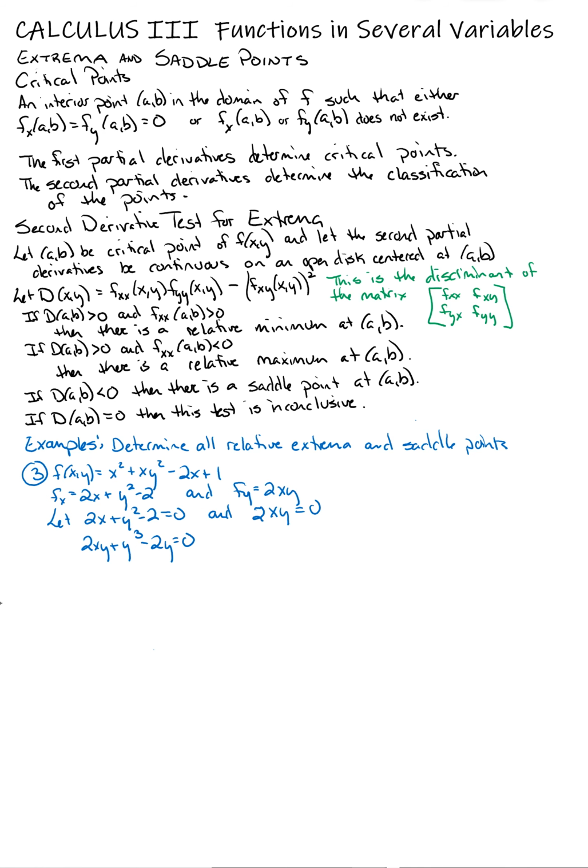Now we simply replace the 2xy with 0, so we get 0 plus y cubed minus 2y is equal to 0. We can factor this: y times y squared minus 2 is equal to 0. This gives us that y is equal to 0, or y is equal to the negative square root of 2, or y is equal to the positive square root of 2.